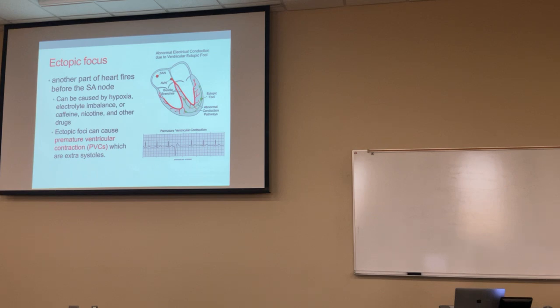But if an ectopic focus occurs, which causes electrical signals to travel out to the walls of the ventricles from a different point of origin, then you may see a big dip on the electrocardiogram. Okay, that represents an ectopic focus, or what's called a preventricular contraction, because part of the ventricles are contracting prior to the normal systole.